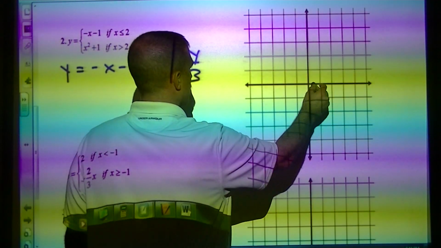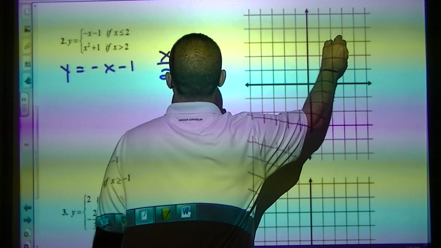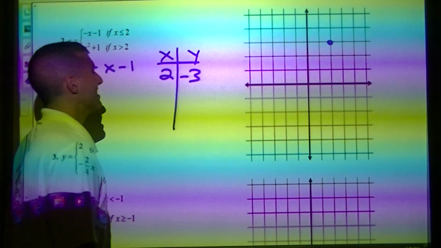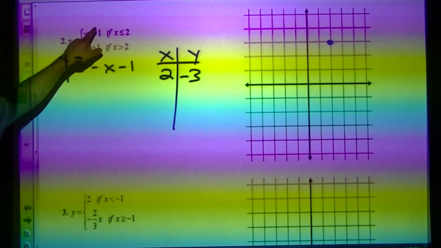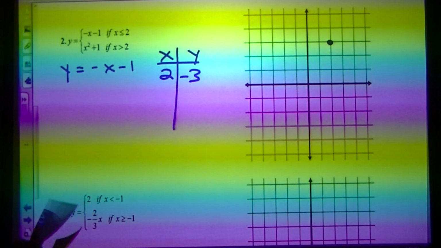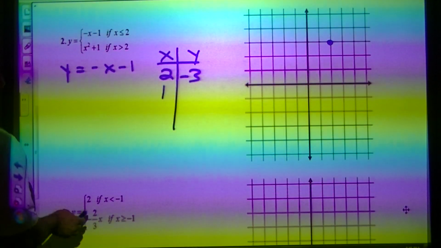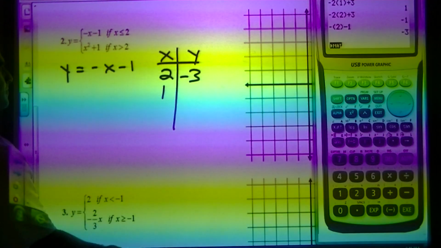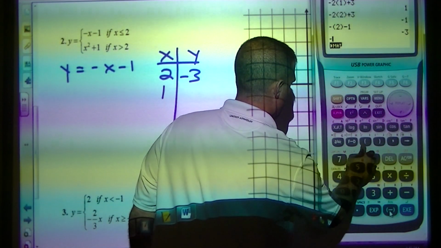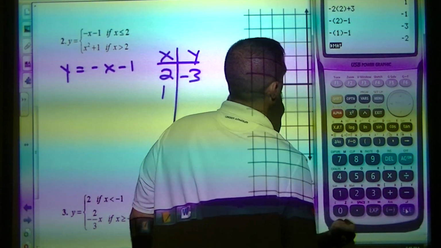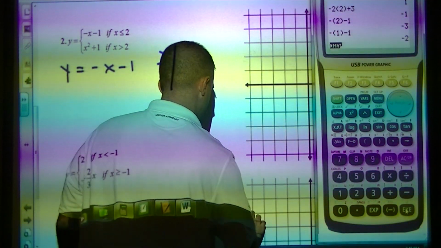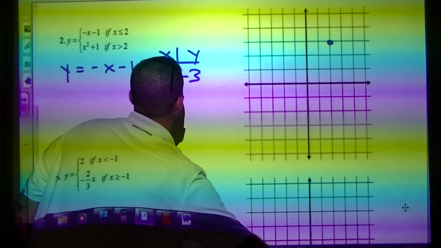Since this is a line and it's less than, I only need one more point. So I'm going to choose 1 for simplicity's sake. It's negative 1 minus 1, which would give me negative 2.